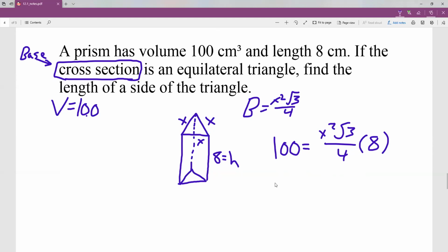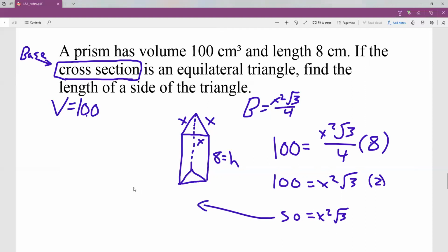Now let's do some math. So we got 100 is equal to x squared root 3. 8 times 4 is going to give me 2, so I'm just going to do times 2 out here. Divide both sides by 2, so I get 50 is equal to x squared root 3. Going to divide both sides by root 3, I guess. Okay, so this is going to get a little ugly.